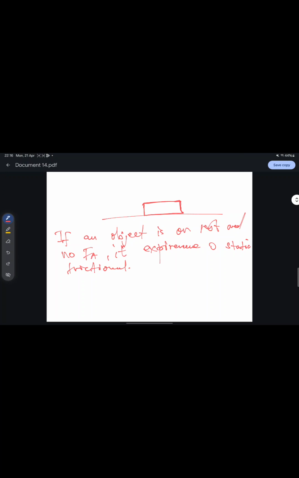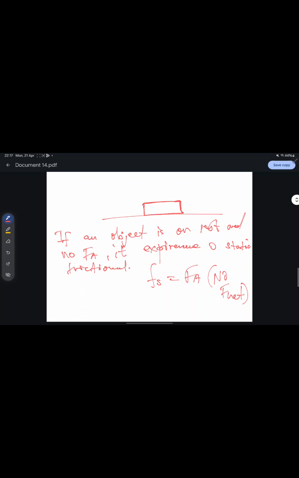According to the first law, I need a net force to make that object move. If that object is not moving, yet I am pushing it, it means that the static frictional force is equal to the force applied. So no F net. That's why the object is not moving.